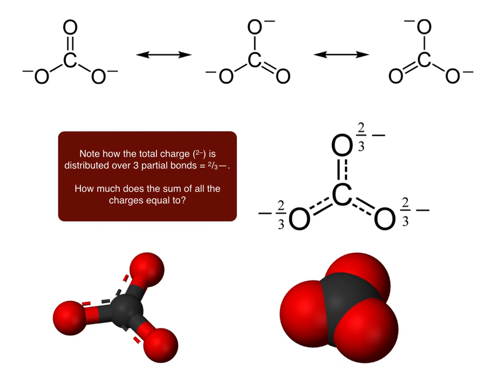This is simply drawn by showing everything consistently the same in each resonance structure, and then drawing a partial charge where formal charges have been resonating. In this case, since the total resonating charge is 2 minus, and the charge has been distributed over 3 oxygens, the partial charge on each oxygen is 2/3 minus.